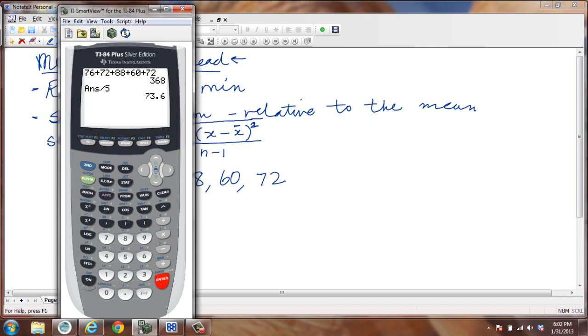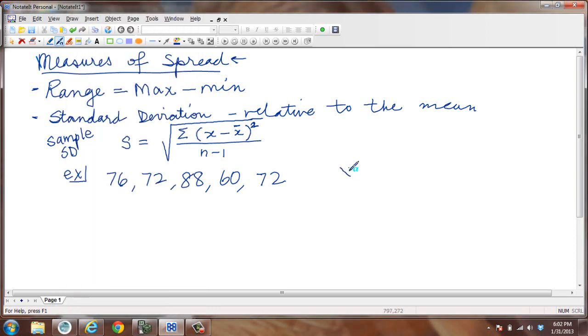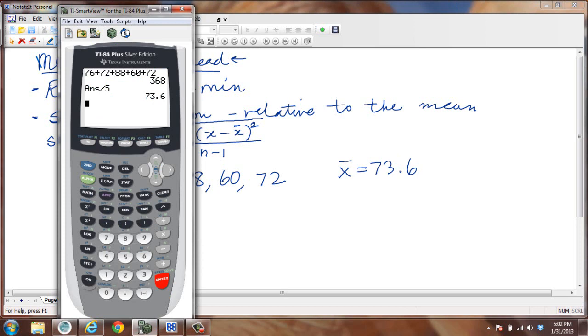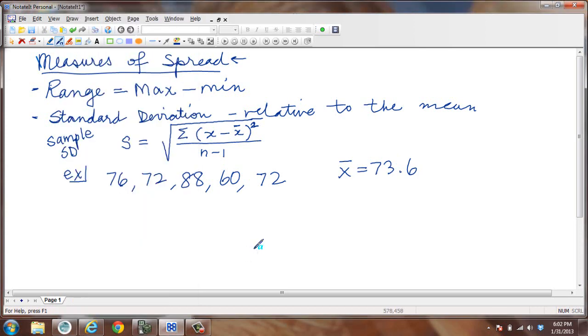So the average, or the mean, is 73.6. Okay, and now what I want to do is subtract each observation minus the mean. So minus 73.6. Okay, and you can take a minute and do that.